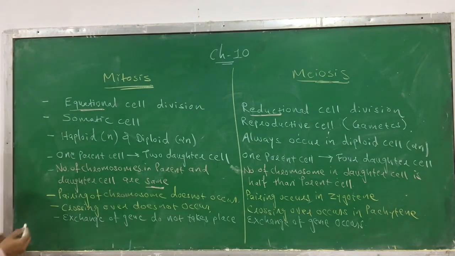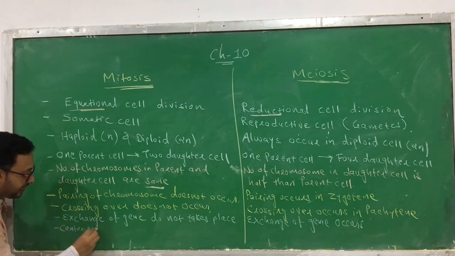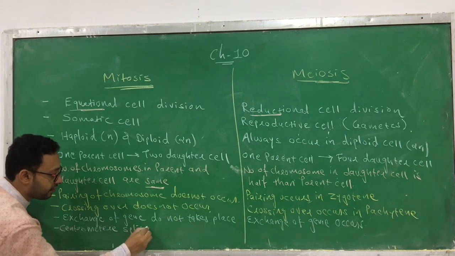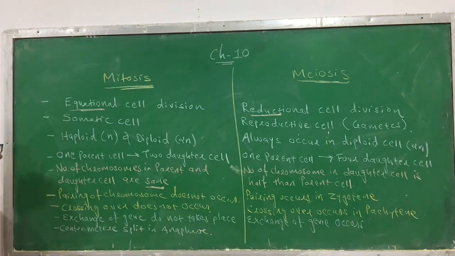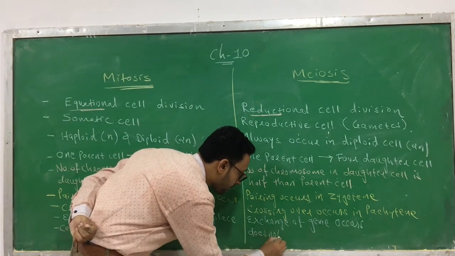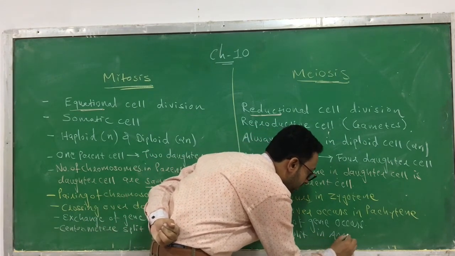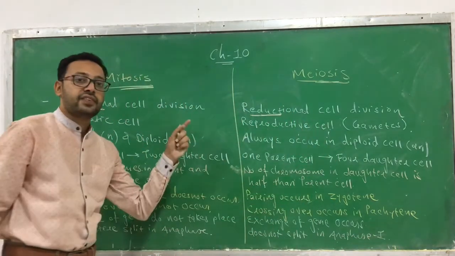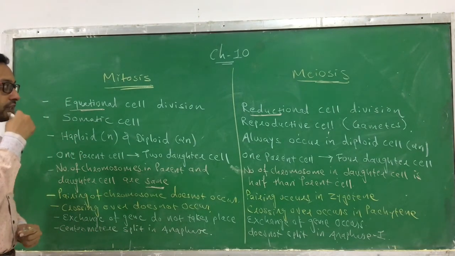Here the centromere splits in anaphase, but here the centromere does not split in anaphase 1. It can split in anaphase 2, but does not split in anaphase 1. Okay, clear? So this is a difference.